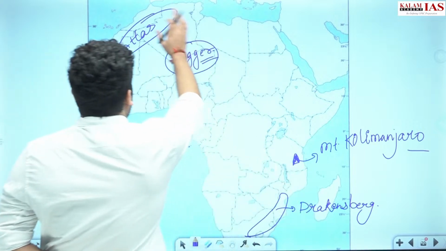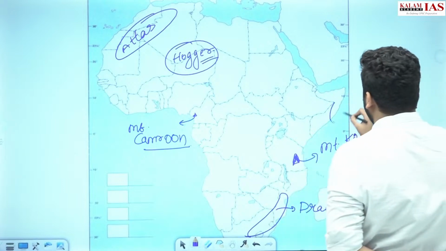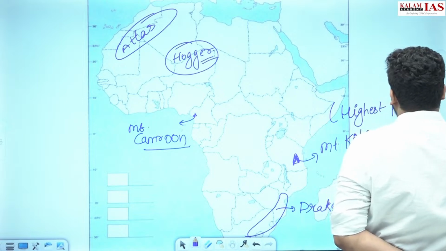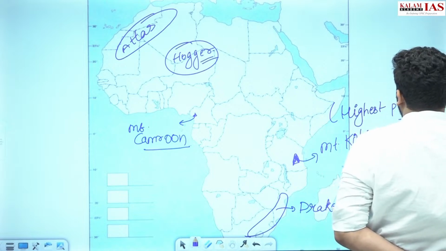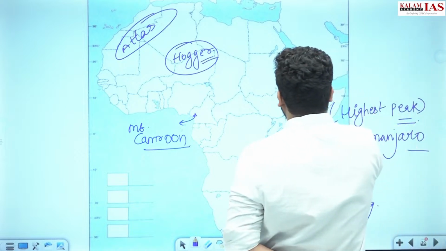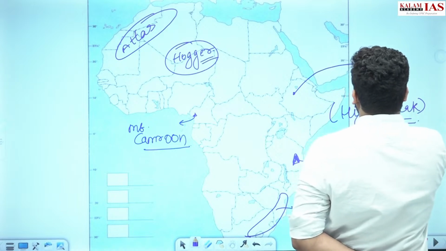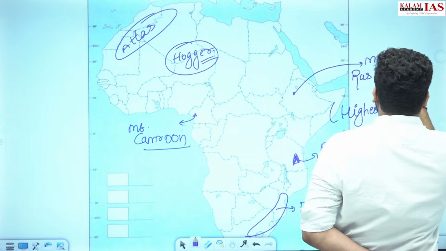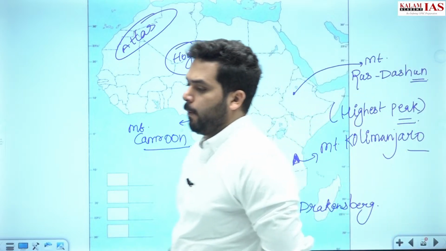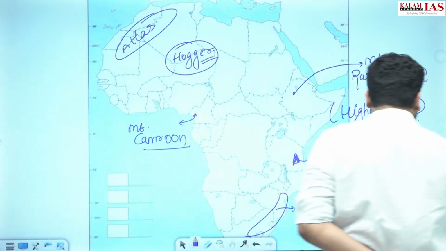Okay, Atlas Mountains, Fold Mountains, highest peak of Africa. Then in Ethiopia we have Mount Ras Dashan, a famous mountain. Okay.